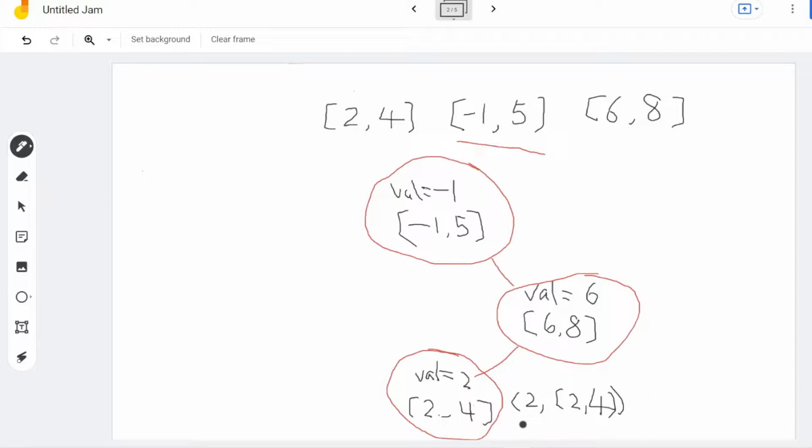And sort by the right endpoint 4 and the interval. The same goes here, the left endpoint sorting, the right endpoint sorting.